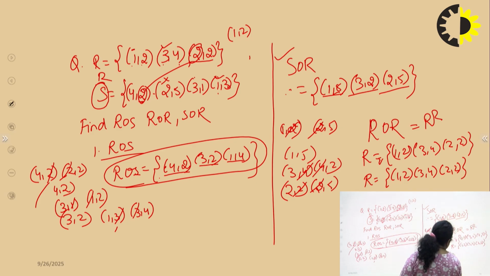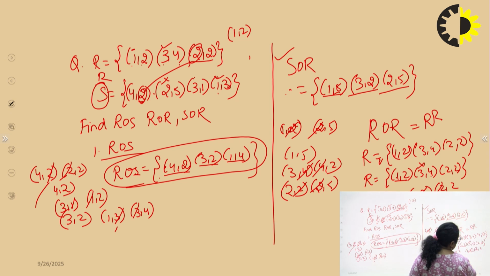So RoR, that means R square. If we take this R (1, 2), any relation starting with 2? Yes. So answer will be (1, 2) and (2, 2). Cancel 2. Answer will be (1, 2). So if we take (3, 4), any relation starting with 4?